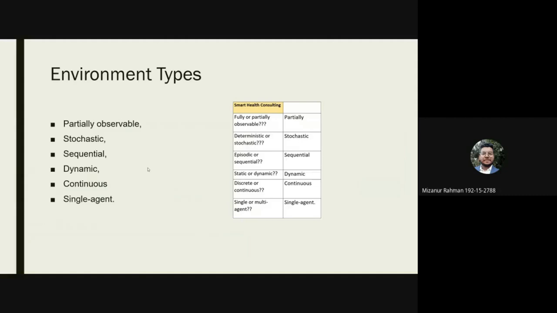Next, discrete versus continuous. This distinction can be applied to the state of the environment, the way time is handled, and to the percepts and actions of the agent. Next, single agent: in this environment it is a single agent.